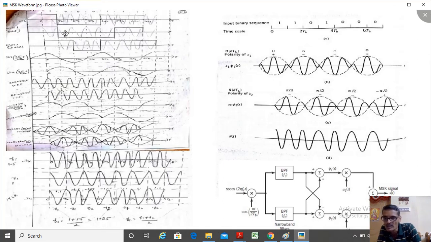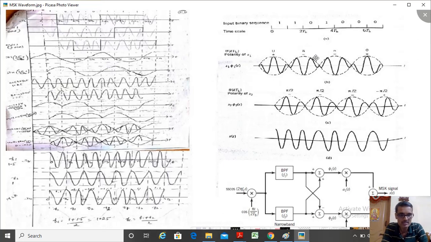Here, this odd sequence and even sequence have different polarity, transmit F1. Here, they have the same polarity, transmit F2. Here, they have different polarity, transmit F1. Here, the same polarity, transmit F2. Like that, you can draw this output waveform directly referring to these two representations, the odd sequence and even sequence.